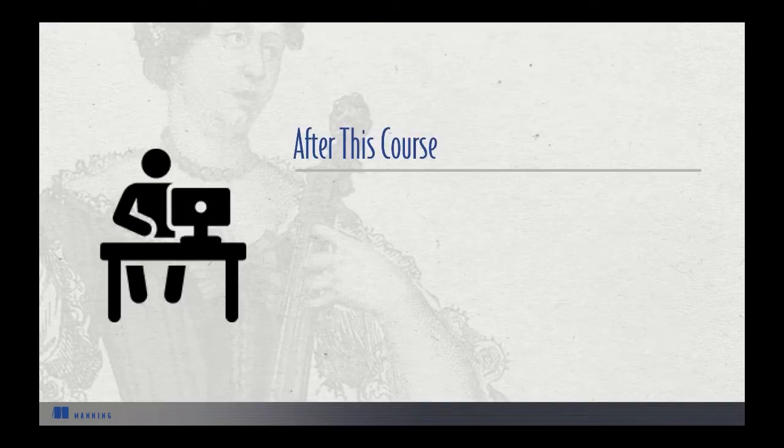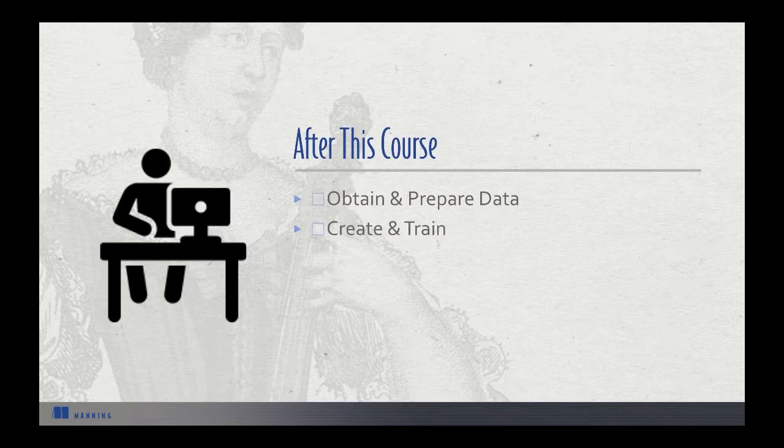Now, after this course is finished, there will be a lot that you can do with your new skills. Efficiently obtain and prepare data that a machine learning program can learn from. Create and train a machine learning program to generate predictions based on recognized patterns using AWS Machine Learning.